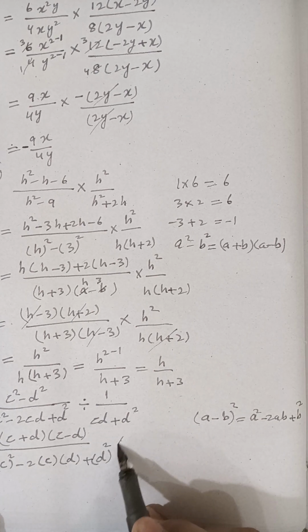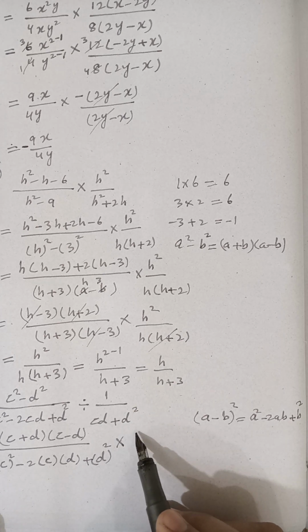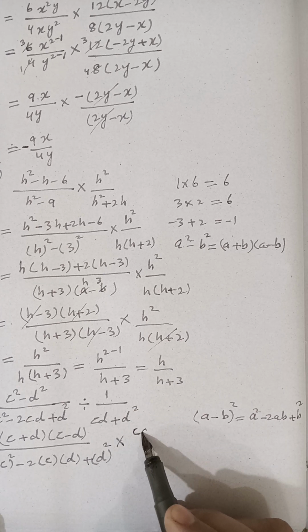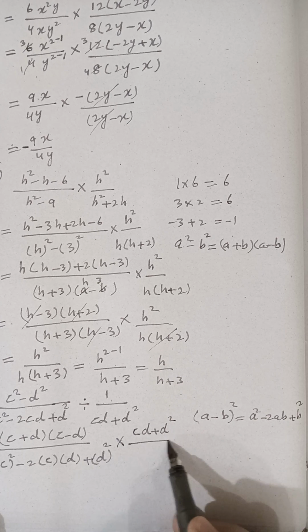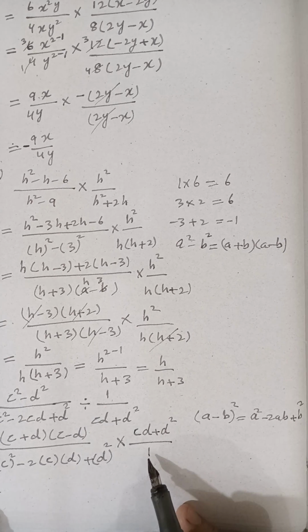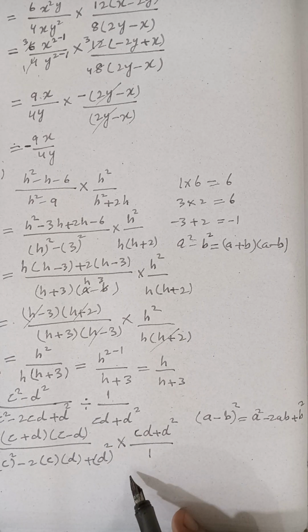This division sign will change into a multiplication sign, and it will become cd plus d square over 1. This term will also be inverted due to inversion of signs.